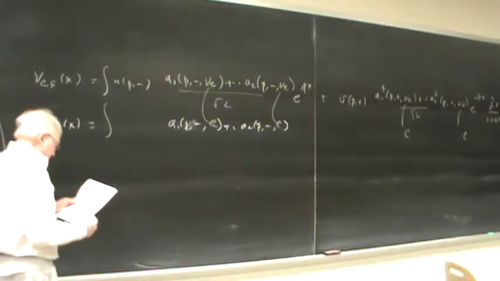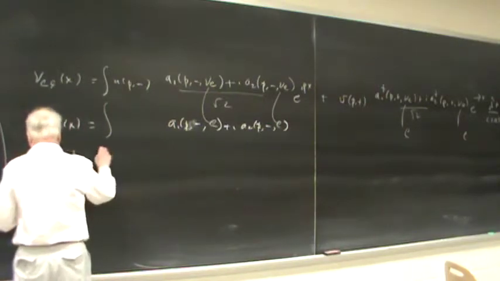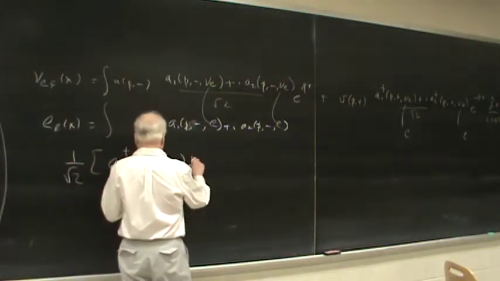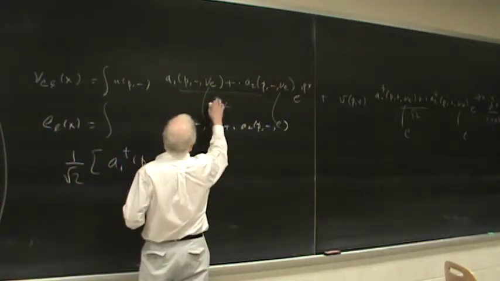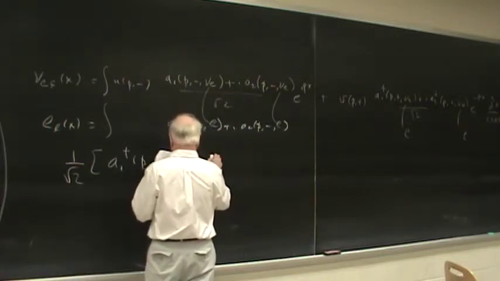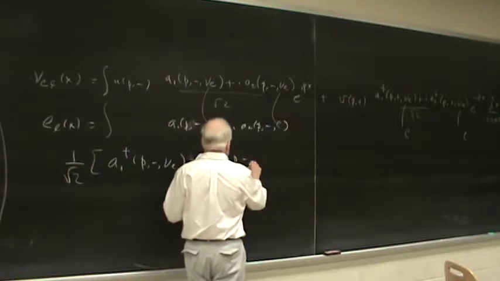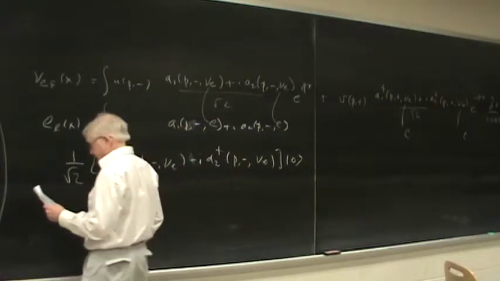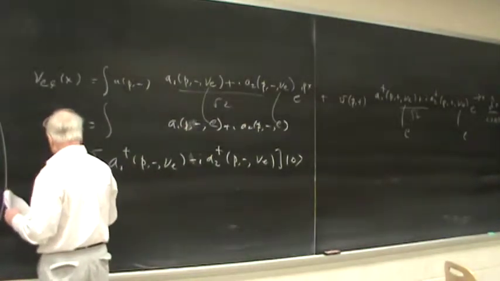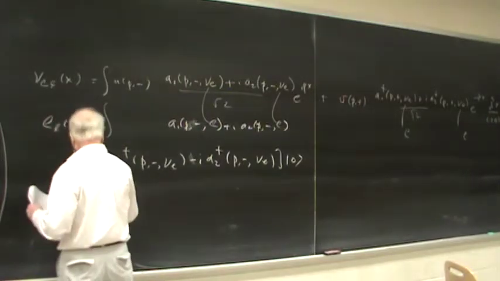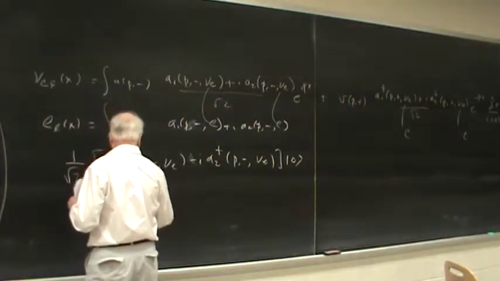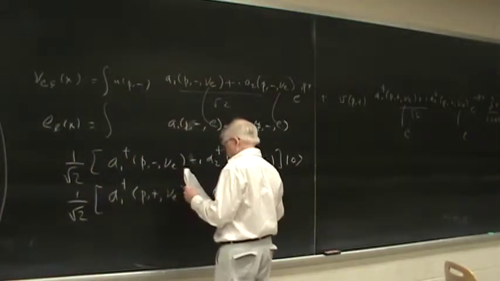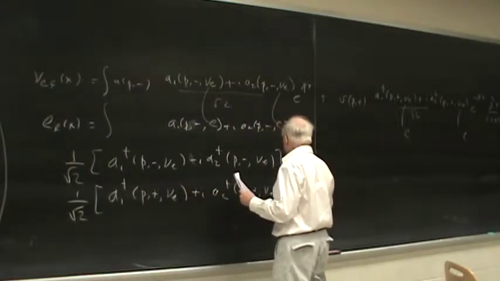So what do we have as states? We have 1 over root 2, a1 dagger of p minus nu e, and if we're making creation operators, we take the adjoint, minus i a2 dagger of p minus nu e, on vacuum. This is one state, and another state is a1 p plus nu e plus i a2 dagger p plus nu e.